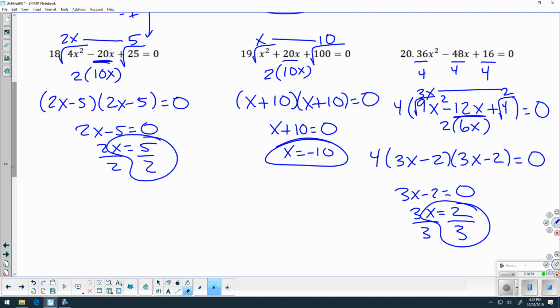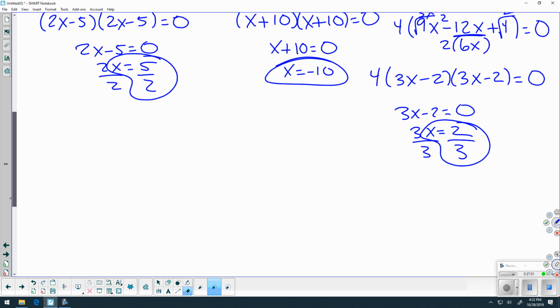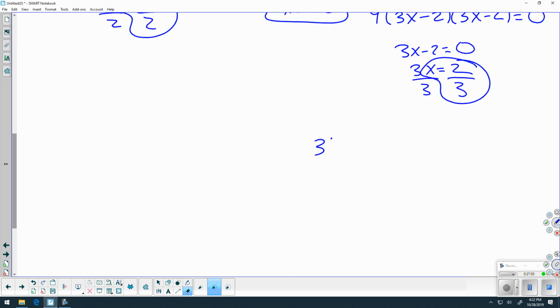But even if you didn't take out the GCF from the very beginning, you still get to the same answer, but you just need to reduce it. So let me show you that real quick. Again, let me just copy down the problem down here. So it's 36x squared minus 48x plus 16 equals 0. So even if I didn't take out that GCF, if I just double check, square root of this is 6x, square root of this is 4.